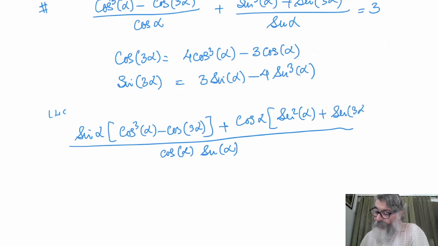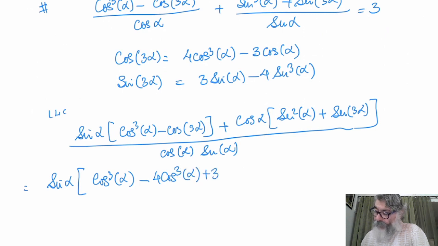Like sin alpha, we are putting cos cube alpha. In place of cos 3 alpha I am going to write 4 cos cube alpha plus 3 cos alpha, because the minus sign was there, so the sign inside will change.